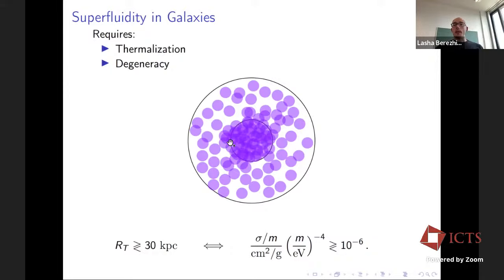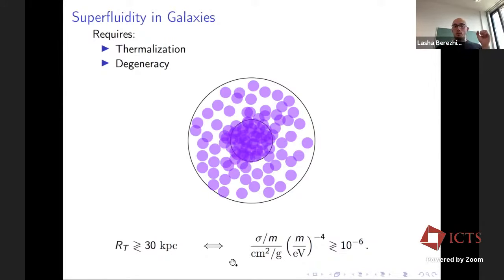Okay, so then we can ask the following question. If particles have certain interaction cross-section and a certain mass, what is the size of the region within which they can interact strong enough for them to thermalize?